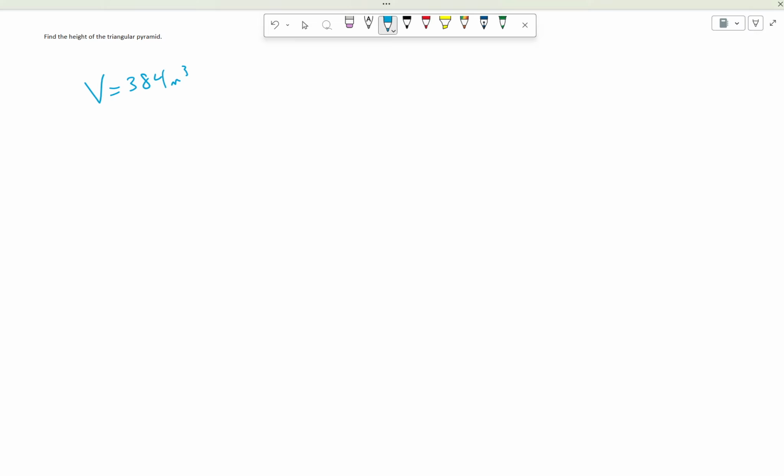Okay. Here's my little triangle, which I have a top right here. I'm going to connect my vertices all to it. Okay. And I have a right angle here, but here's my height. Okay. This is the height that I'm looking for.